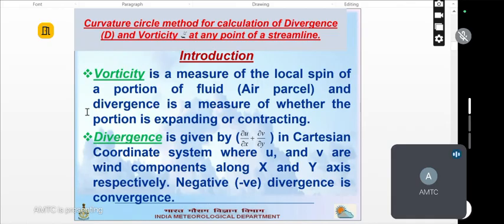Over the sea, if the conditions support it and thermodynamics is supporting, it becomes a cyclone.